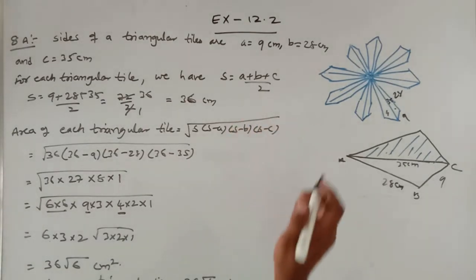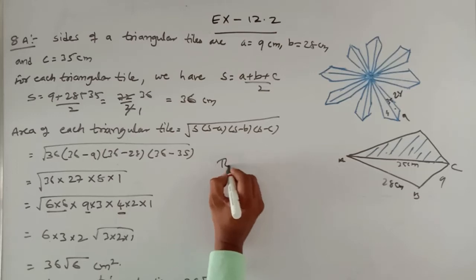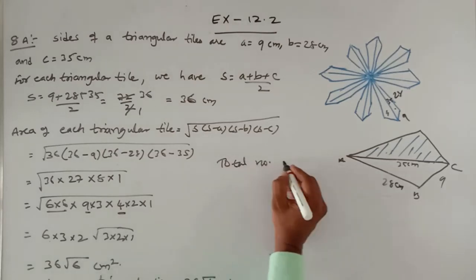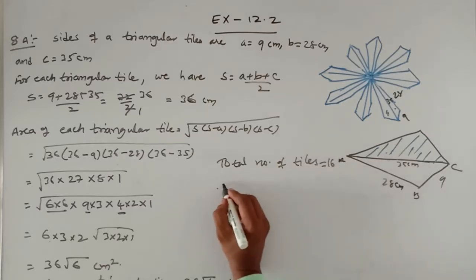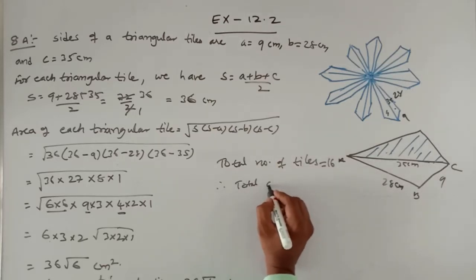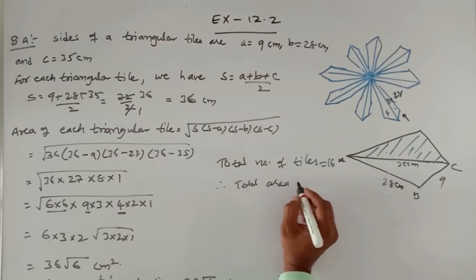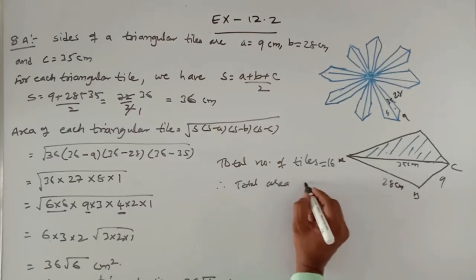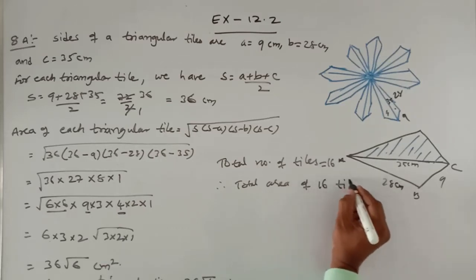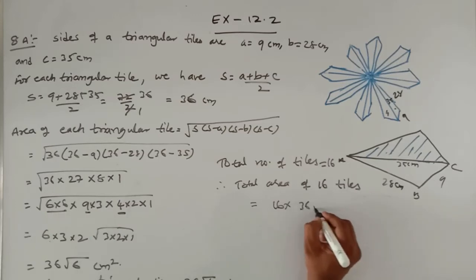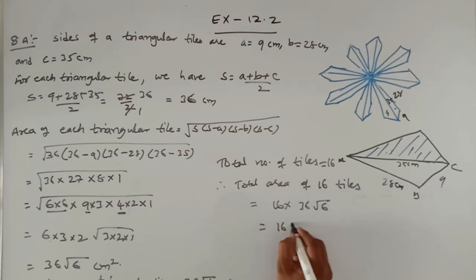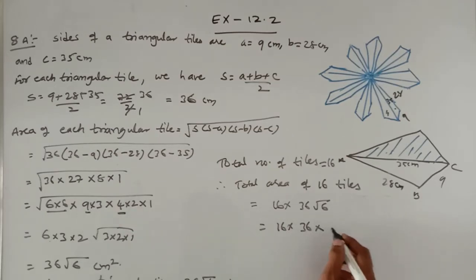Now total number of tiles are how many? Total number of tiles is equal to 16. Therefore total area of 16 tiles is equal to 16 into 36 root 6, is equal to 16 into 36 into root 6 value is 2.45.